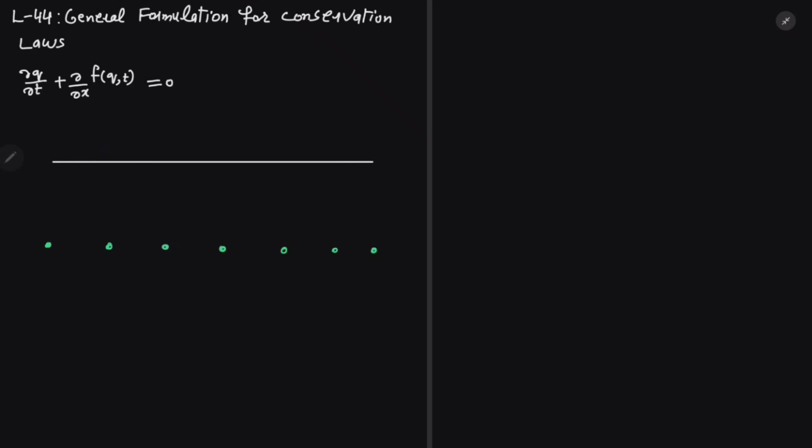Pick some random point. For example, if we have this i, the neighbor is i plus 1 and the left neighbor is i minus 1. We also pick one intermediate value from these two neighbors.